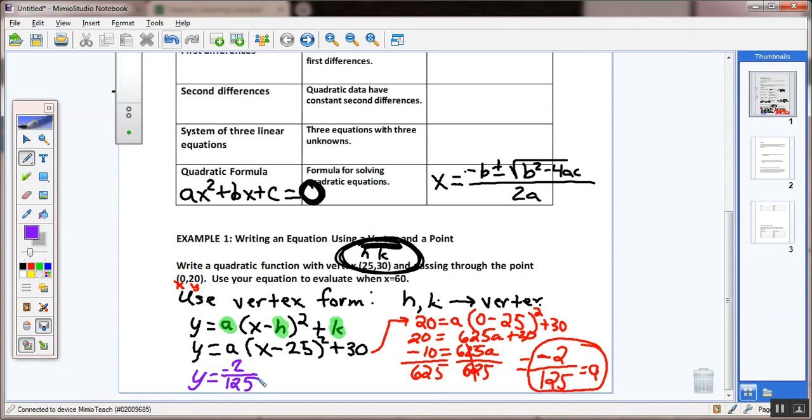I just divided both the numerator and denominator by 5 because I knew I would simplify that. Times x minus 25 squared plus 30. Right? Do I have a value in for a? Do I have a value for k and h? Okay? That's your quadratic.